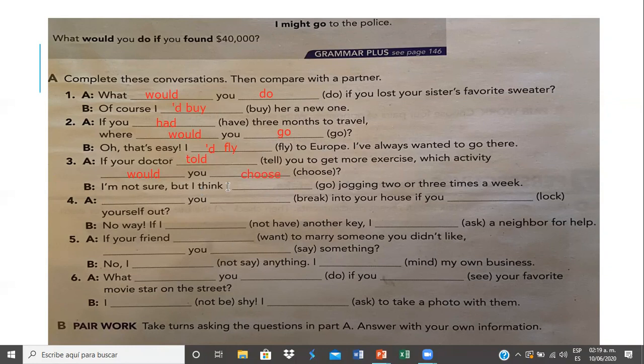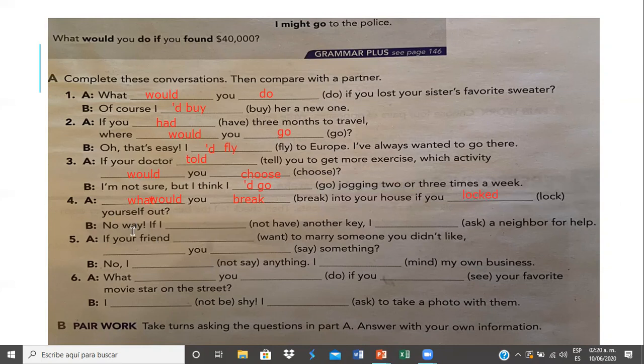I'm not sure, but I think I would go jogging 2 or 3 times a week. 4. What? Sorry. This is would. Would you break into your house if, this verb in past, if you locked yourself out?